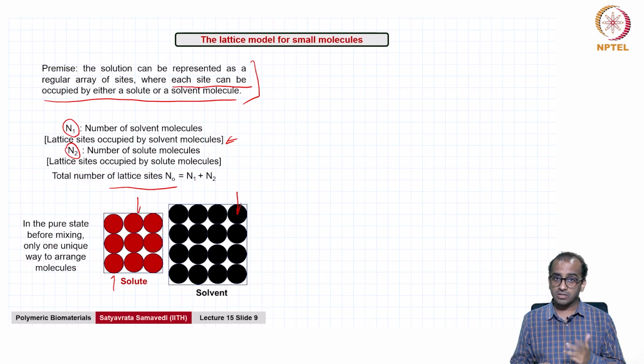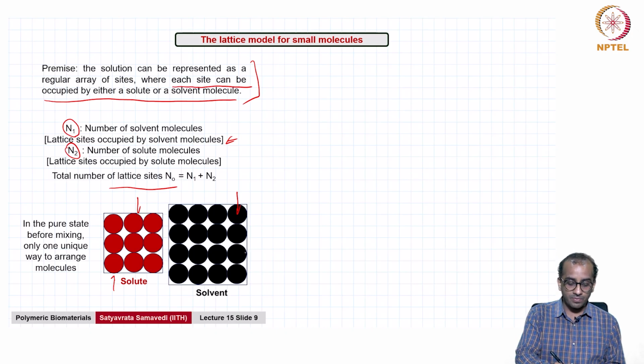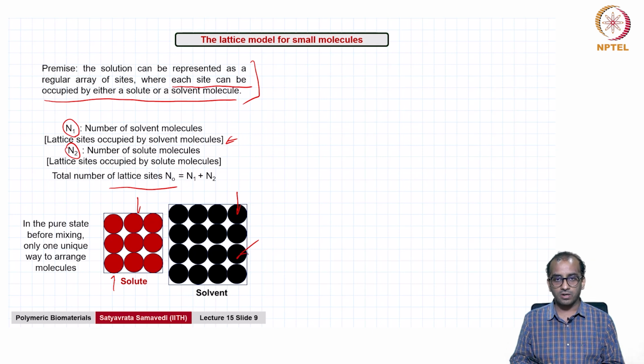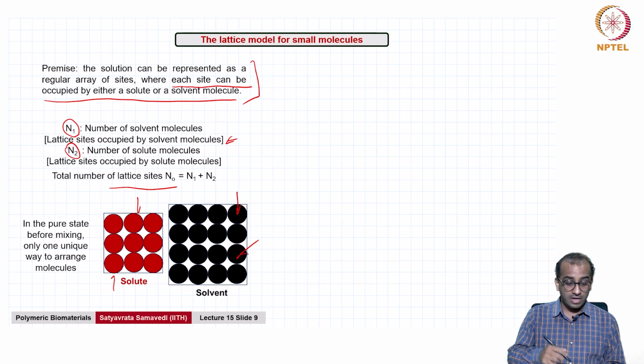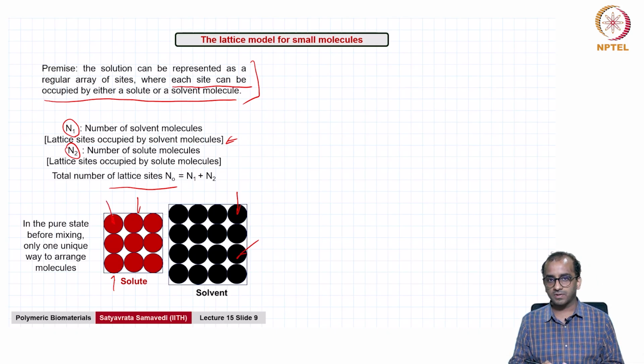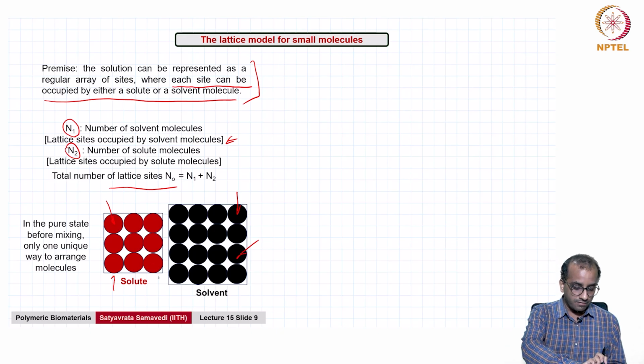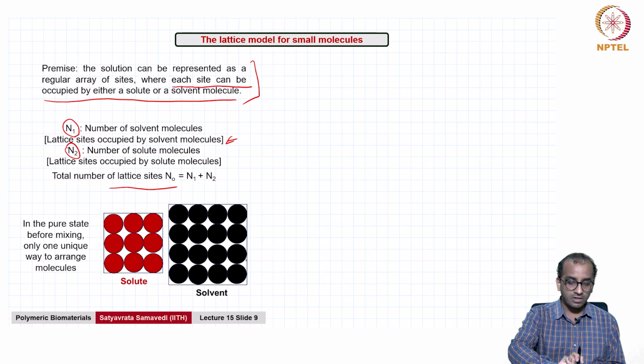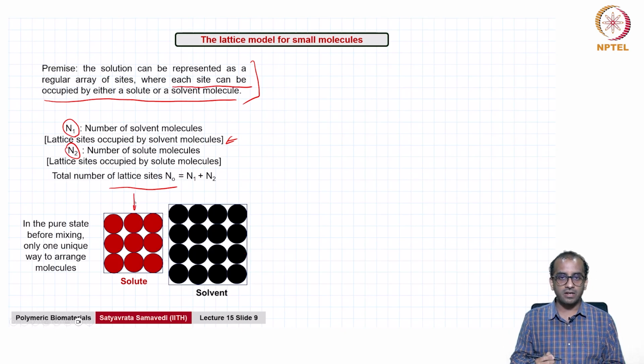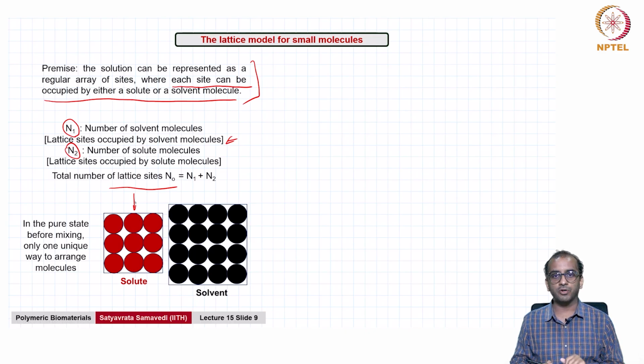So, in that sense it is not distinguishable. Likewise here, if I replace this red ball with another red ball, you will not know the difference. So, if you now take that argument to its logical conclusion, what you will quickly see is there is exactly one way that exists for me to arrange the molecules of the solute and the solvent in the pure state each.